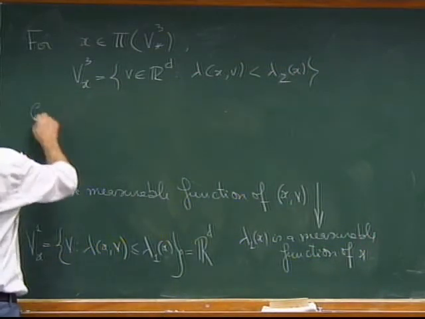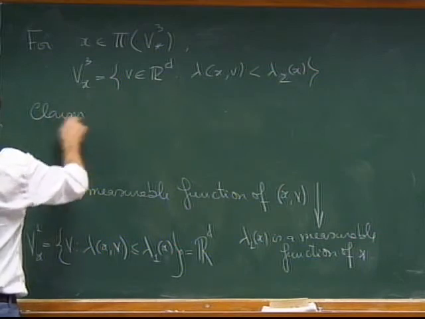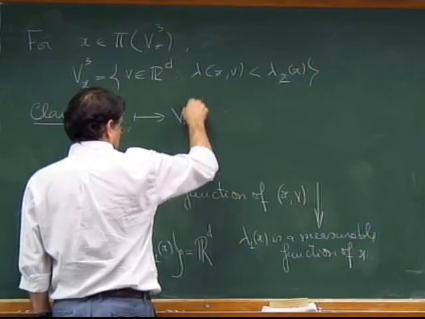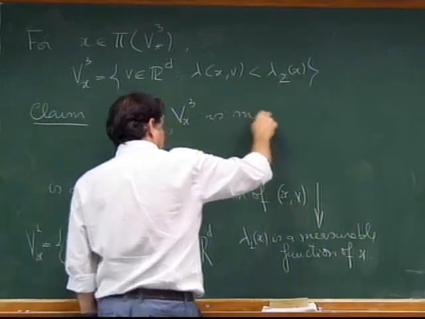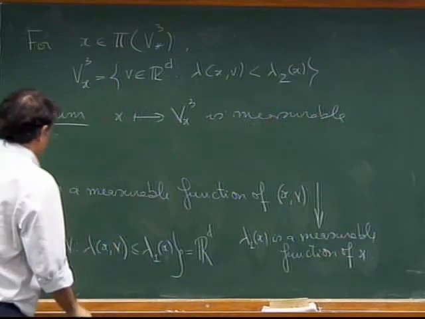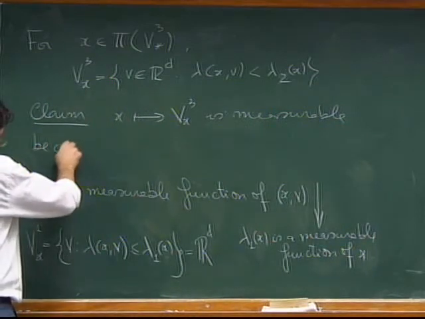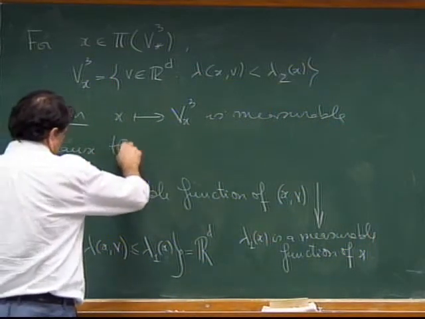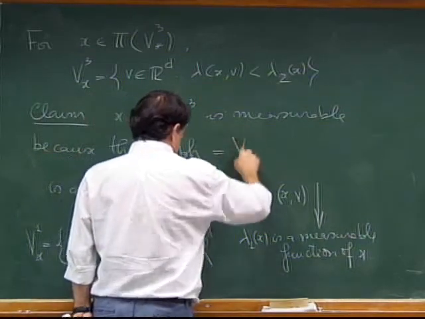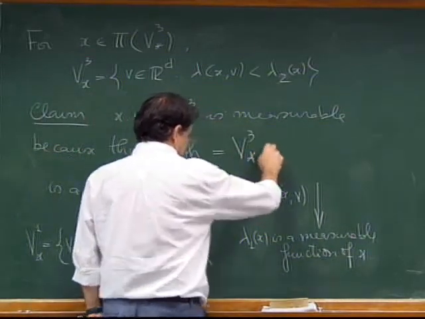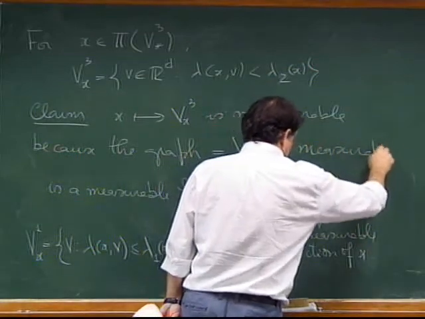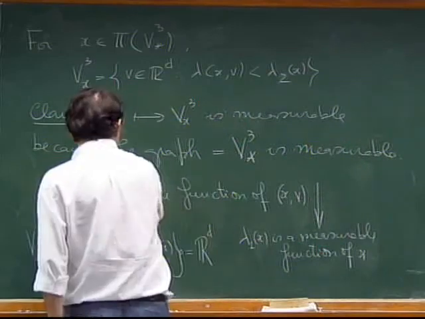And then we have the corresponding claim that this map is measurable. And the reason is the same, because the graph V3 star is measurable. That's it.